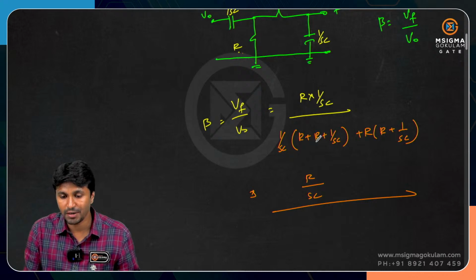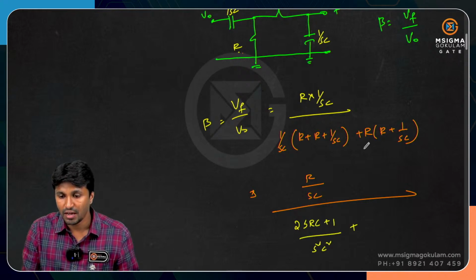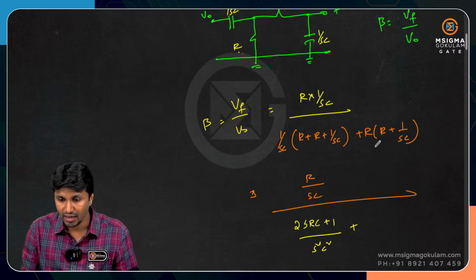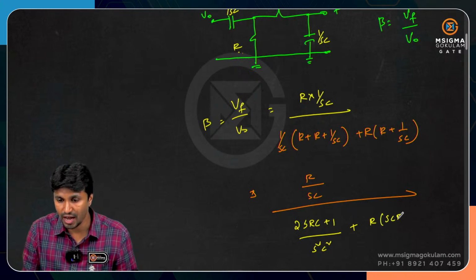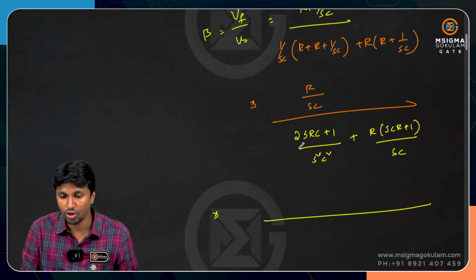R plus R is 2R plus 1 by SC. So 2 into SRC plus 1 by S square C square, plus R into SCR plus 1 divided by SC. You can clearly see that in the denominator you have S square C square as LCM.